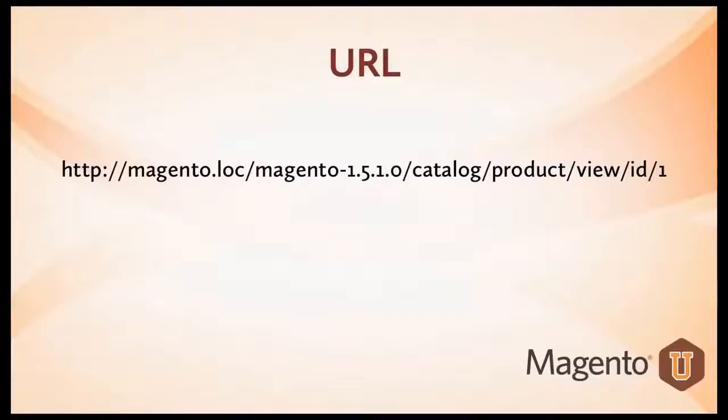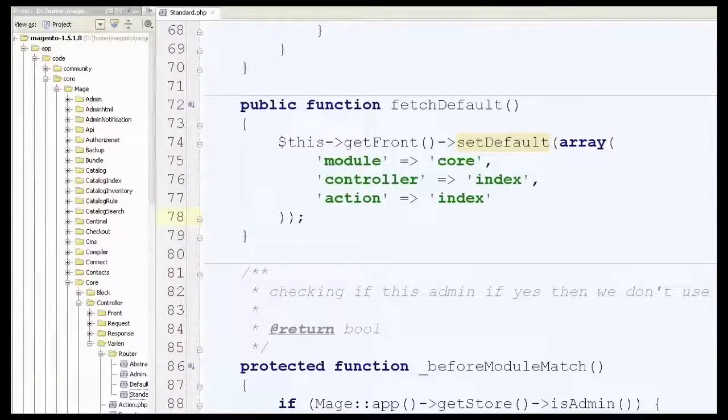If a request does not contain a name of a controller, the system assumes index for the name. The same will work for an action name. The system will try to instantiate the index controller class and call the indexAction method of that class.